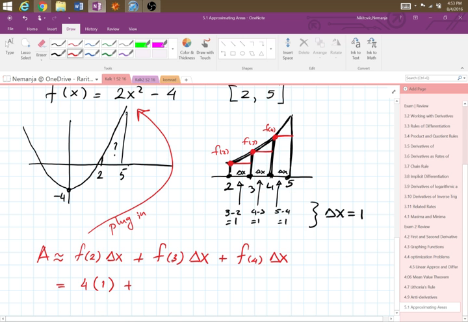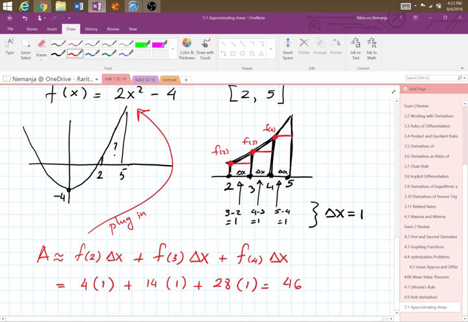For the second one, I compute f of 3. So 3 squared is 9 times 2, 18, minus 4 is 14, times delta x is 1. Plus, plug in 4: 16 times 2, 32, minus 4, 28 times 1. So technically all we have is 28 plus 14 plus 4. And that's going to be 46 altogether.